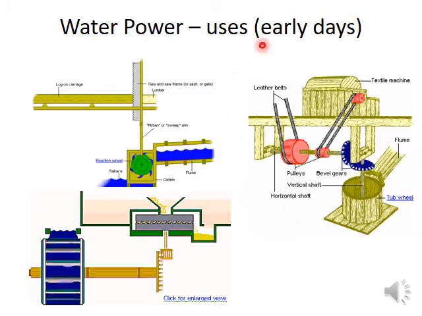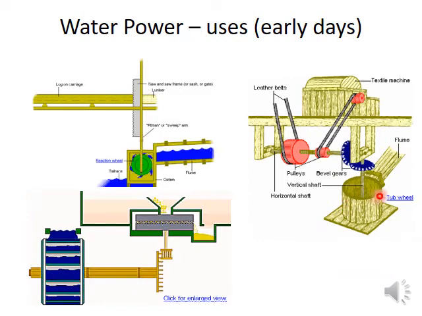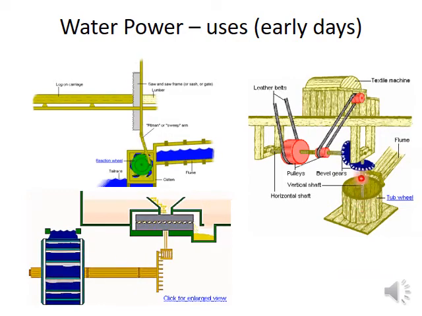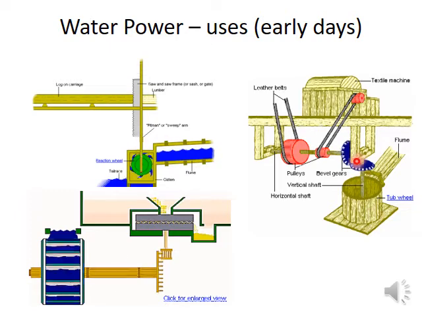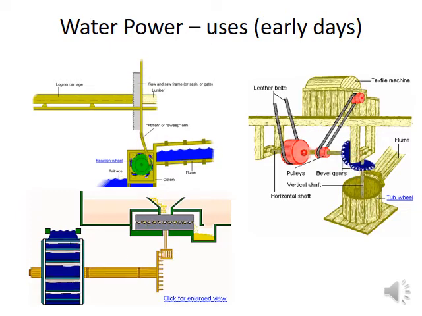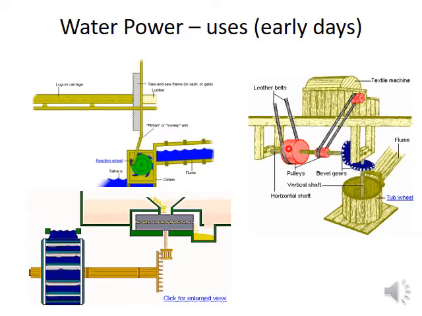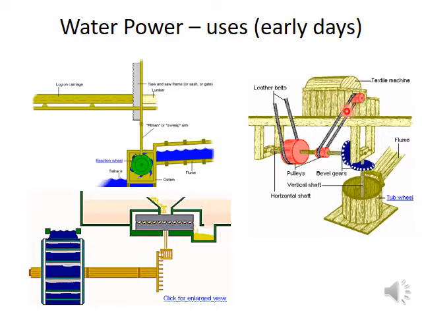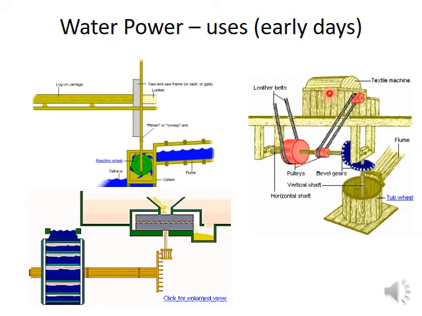And here what you can see is harnessing of water by this vertical shaft, and energy is transferred by mechanical means through belts and shafts, and finally the energy is used for textile industry.